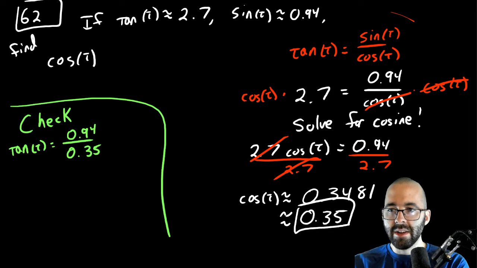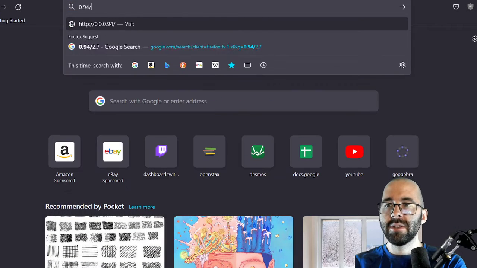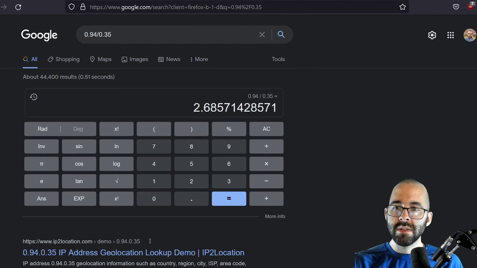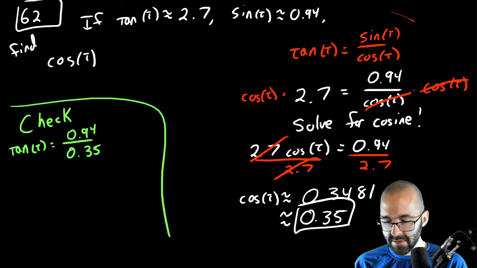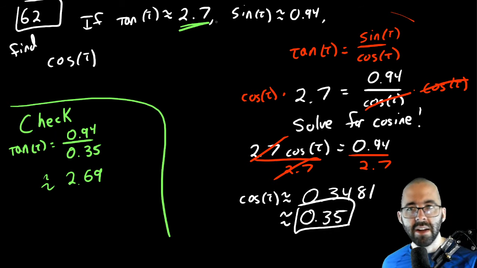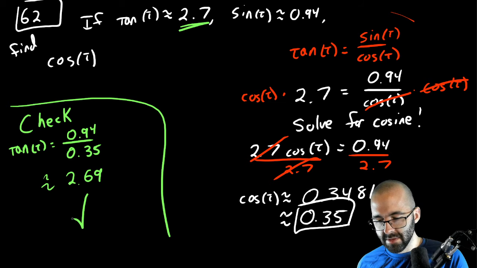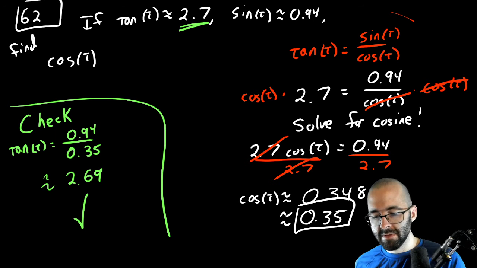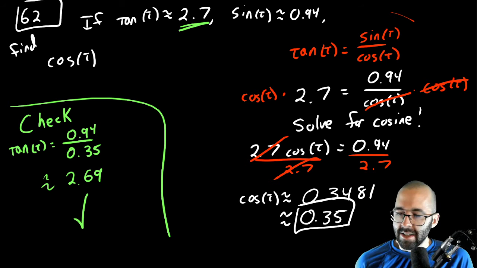Let's check it out. 0.94 divided by 0.35 is approximately 2.69. It's close. Yeah, it rounds to 2.7. Whoops. Check. All right, there we go.